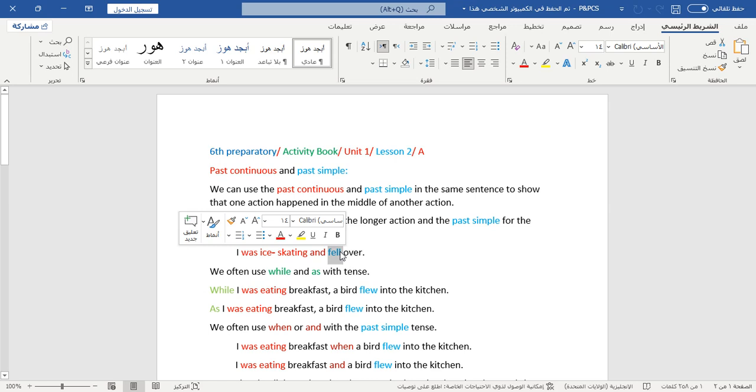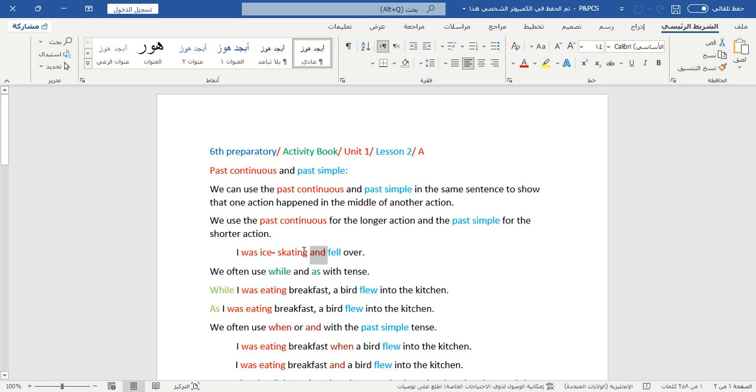In the past simple, that is the second and shorter action. Between the first and the second tense there is "and", linking the two parts of the sentence.